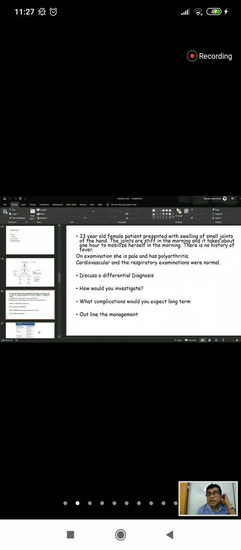Any other condition that is usually associated with dermatological manifestation? Psoriatic arthritis. Yes. So it's a wide DD here.